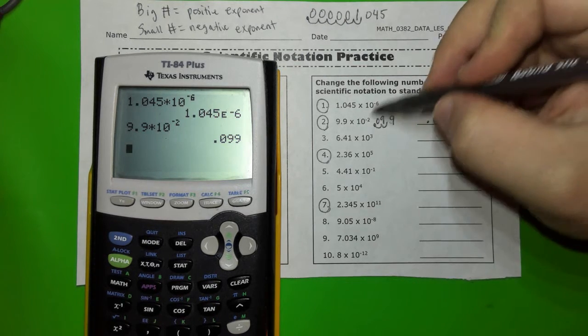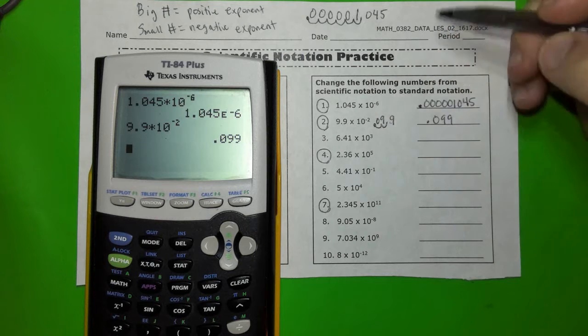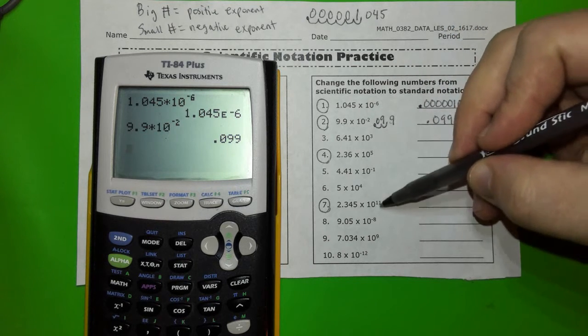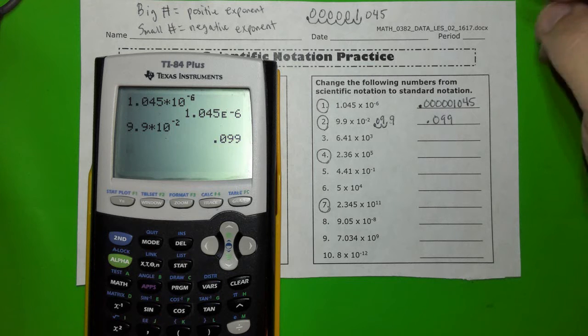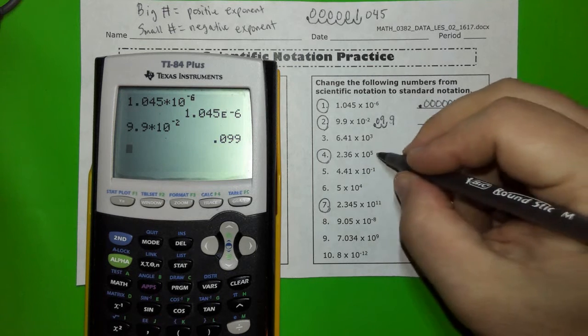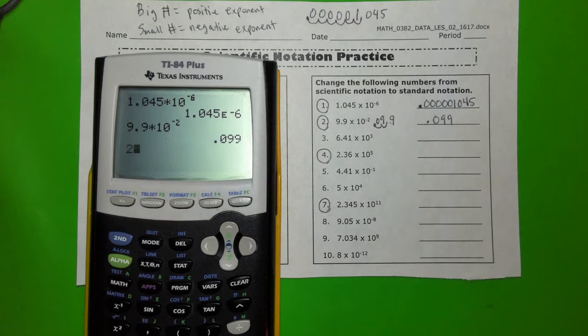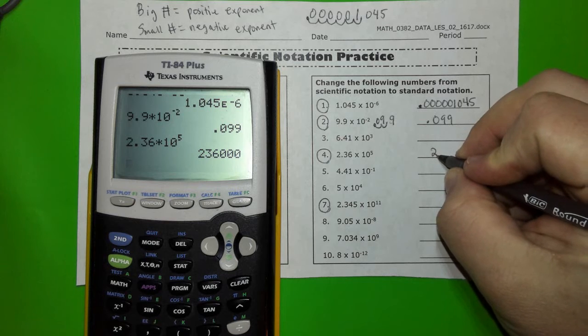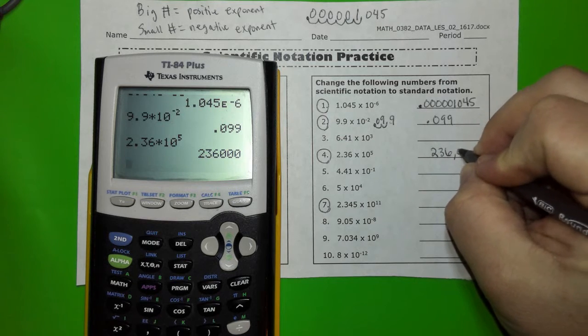Okay, so you've seen 2 really small numbers. Okay, and you've seen that the negative exponents make small numbers. Now you're going to see the positive exponents make the big numbers. So here I have 2.36 times 10 to the 5th power. I could definitely enter that in my calculator, and that would give me 236,000.